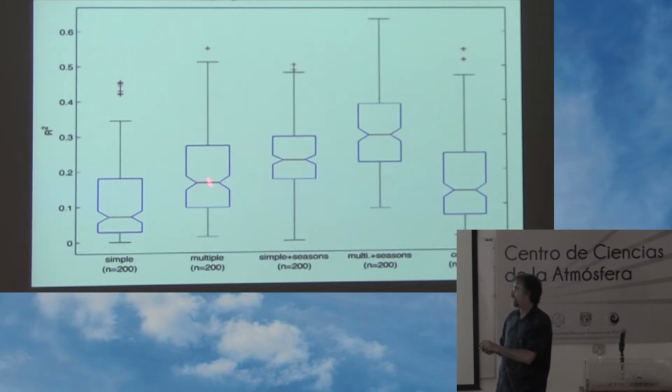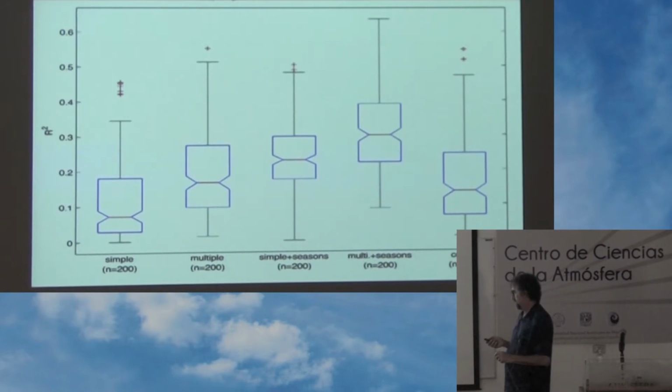The Lagrangian predictors also improve this model, so the best is a model with the Lagrangian predictors and the seasonal variables. For all of our data, we were able to improve the median R-squared value from less than 0.1 to 0.3, a factor of 4 improvement. We thought that was pretty good.